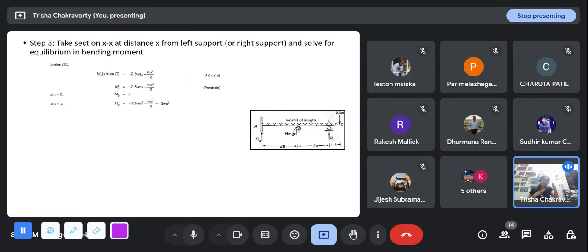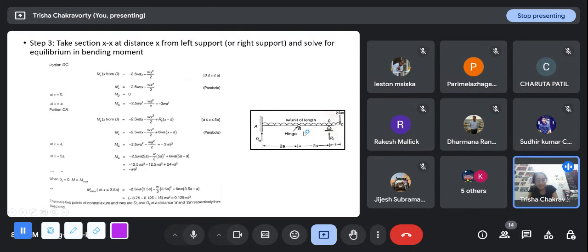Just like if there is a point load, there will be a jump in the shear force diagram, there will be a jump in the bending moment diagram, and I will have the direction, right? Suppose it is in the clockwise direction. So when I'm coming from the right side, clockwise is negative, right? So there will be a negative jump in the bending moment diagram of the magnitude of this moment.